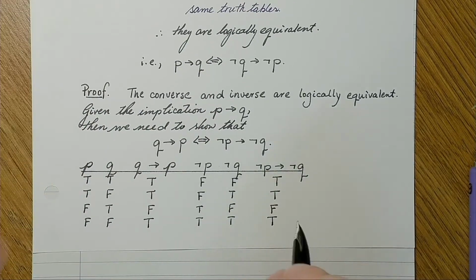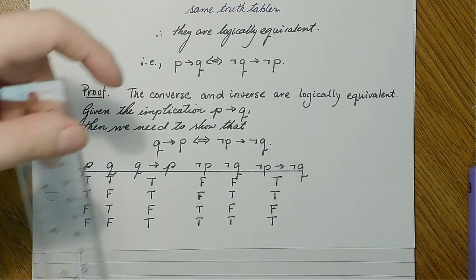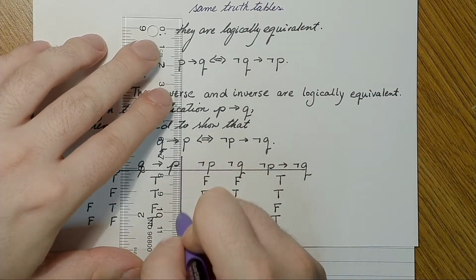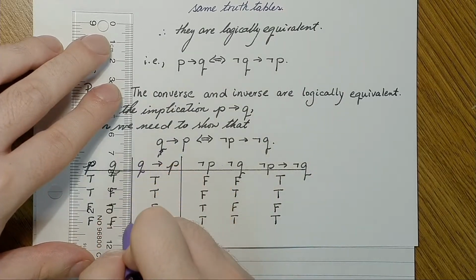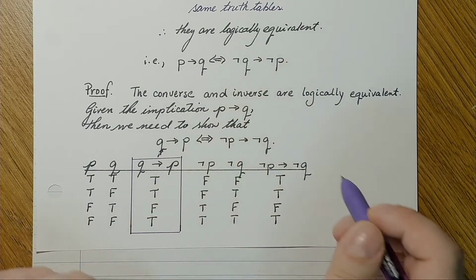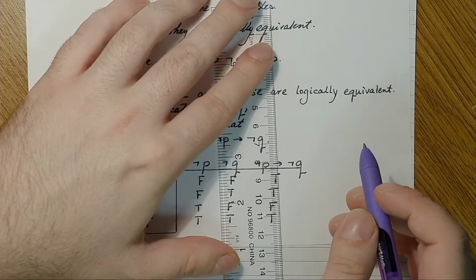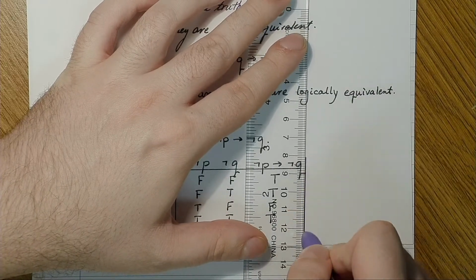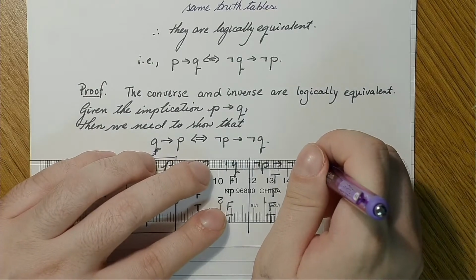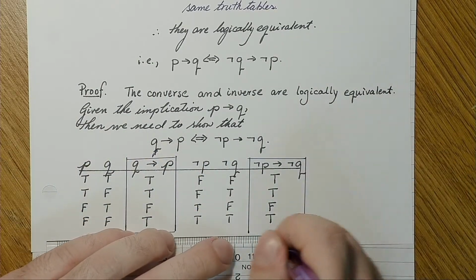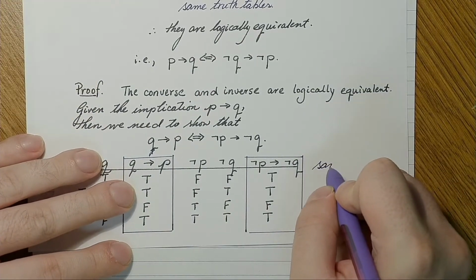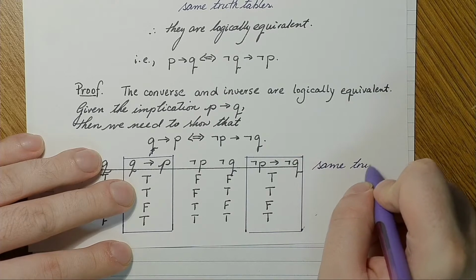What I see then is, so again, making sure here's my left proposition here. So, same truth tables.